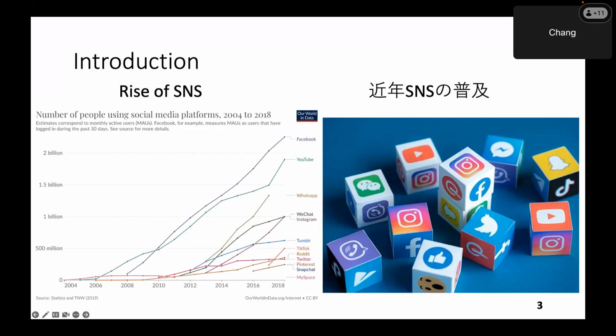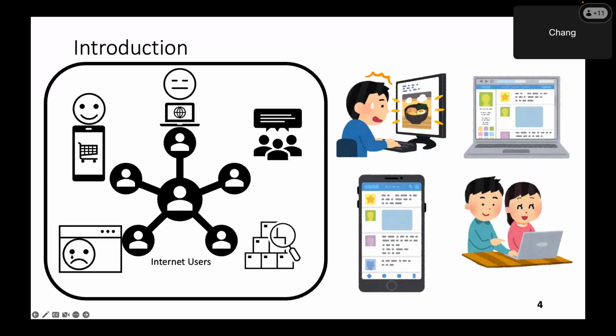In recent years, with the development of computer and network technology, social networking services are becoming more and more popular, as well as the increasing number of people using social media platforms. Internet users have been posting opinions, feelings, and reviews about services, products, and events on the internet.